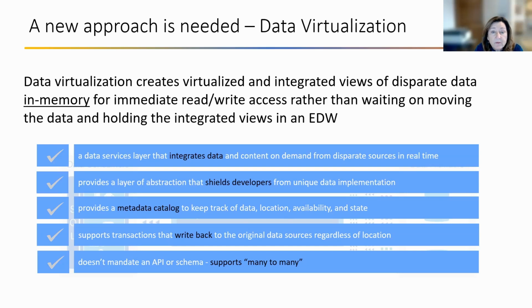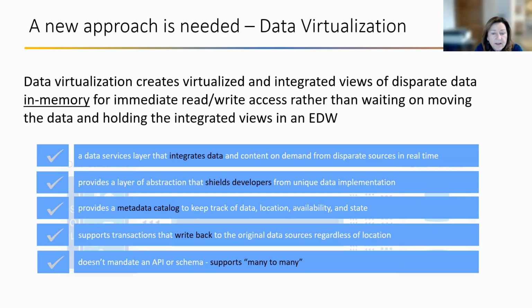This next one, which is crucial, is that it provides a layer of abstraction shielding developers from the unique data implementation. So it helps to address the skill gap that exists today in the market in terms of having to know legacy systems or not. It provides a metadata catalog to keep track of the data, the location, availability, and state.